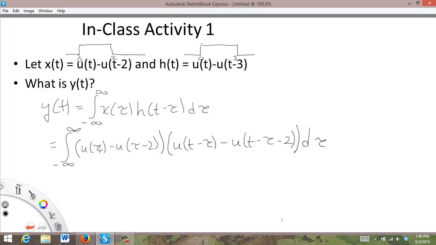Now as we said in class, we have the product of two differences, and we're going to use the FOIL method to work this out.